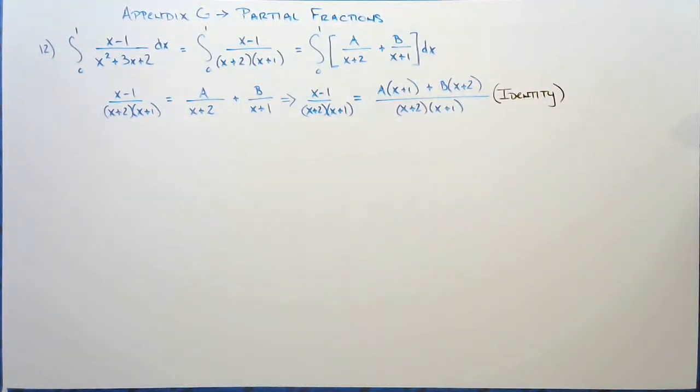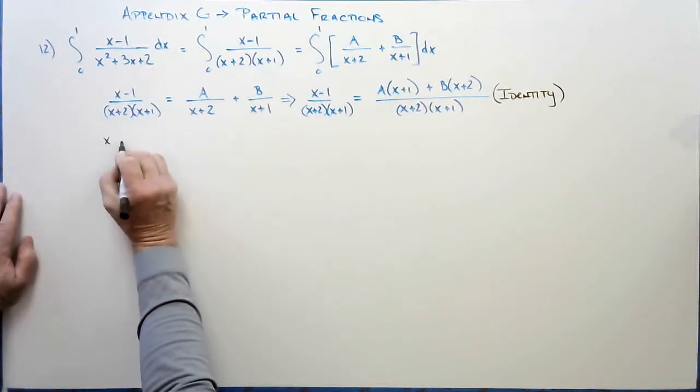Now, what do we mean by calling it an identity? We mean that it is true for every value of x. Now, our problem-solving methodology says we're going to rewrite just the numerators.